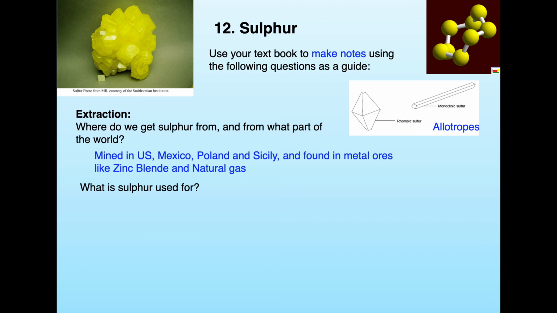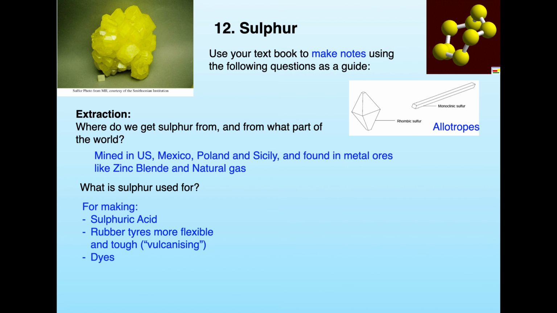What's it used for? Have a look in your textbook. What do we use sulfur for? Most of it is used for making sulfuric acid, which is a very useful acid.